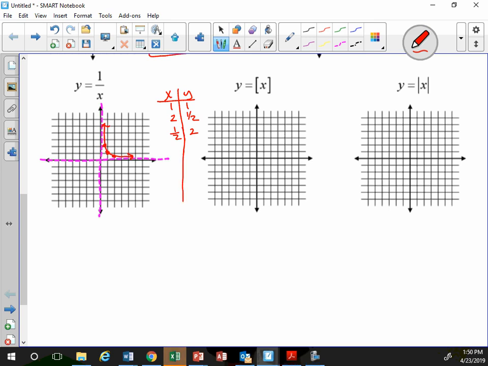So when in doubt, you just have to plug the numbers in to try and find it. If I go on the left side, then -1 is going to give me -1. -2 will give me -1/2. -1/2 will give me -2. It's the same points. Okay.